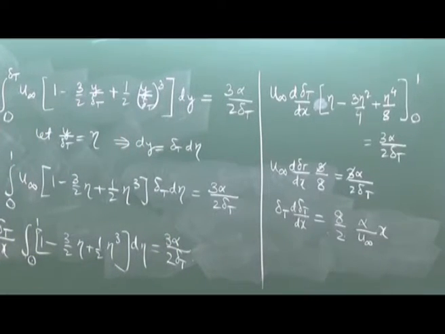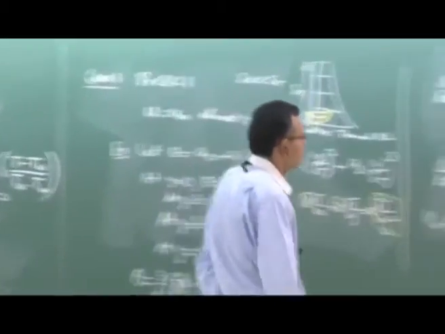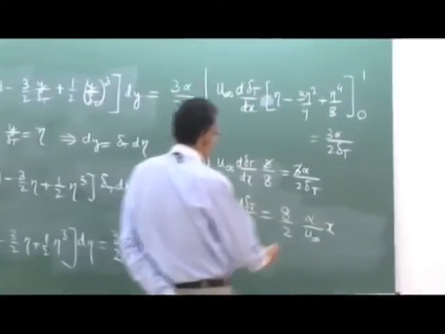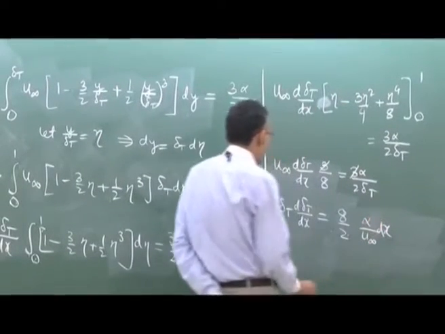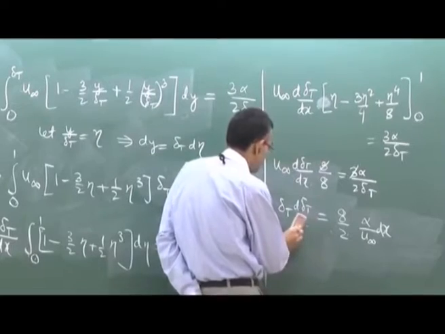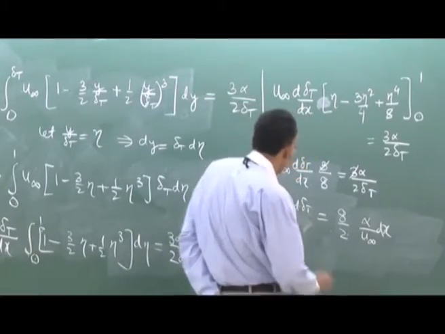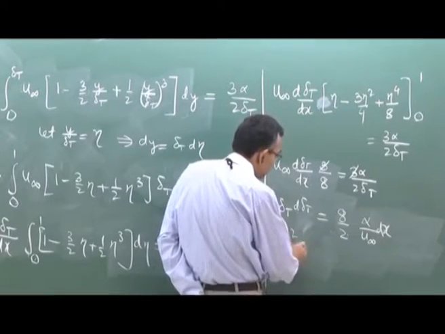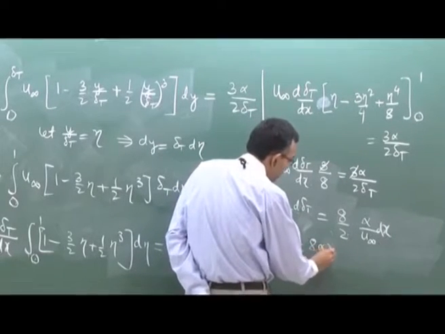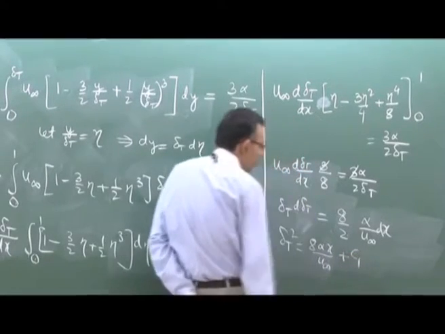So if we integrate this, then delta t square is equal to 8 alpha x by u infinity plus some constant C1.